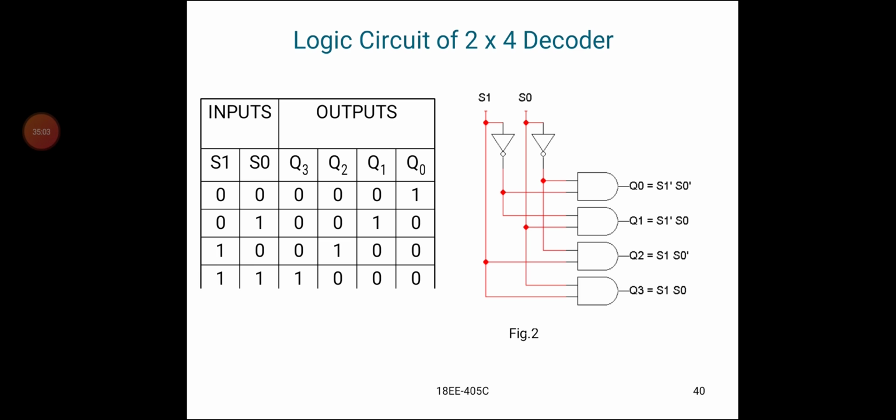So Q0 is equal to S0 complement, S1 complement. Like that, the inputs of the AND gates are connected to the corresponding S1 and S0 inputs.